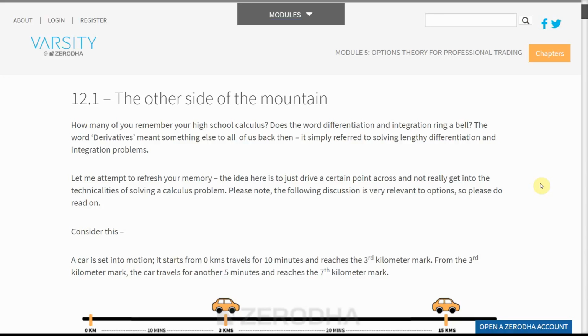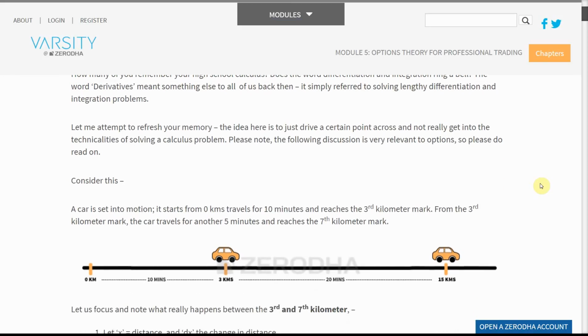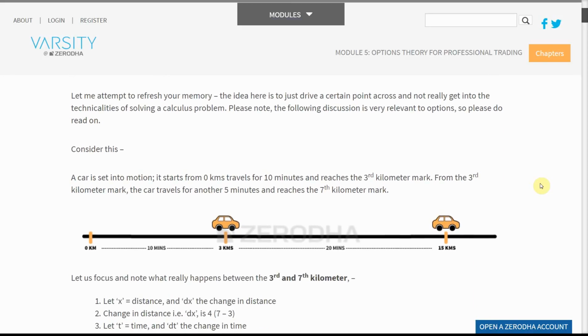Change in time, i.e. dt, is 15 - 10 = 5. If we divide dx over dt, i.e. change in distance over change in time, we get velocity v. v = dx/dt = 4/5. This means the car is traveling 4 km for every 5 minutes. Here the velocity is being expressed in km traveled per minute.